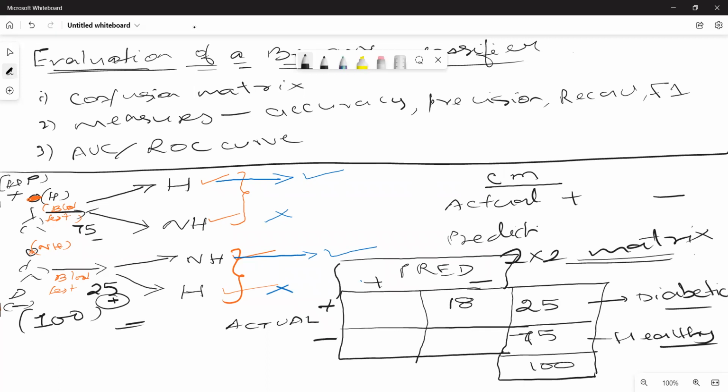So if 25 people are diabetic, out of which 18 have been predicted correctly as diabetic, it should come here. The remaining 7 people are predicted as healthy, so this number will become 7. Is this clear to everyone?